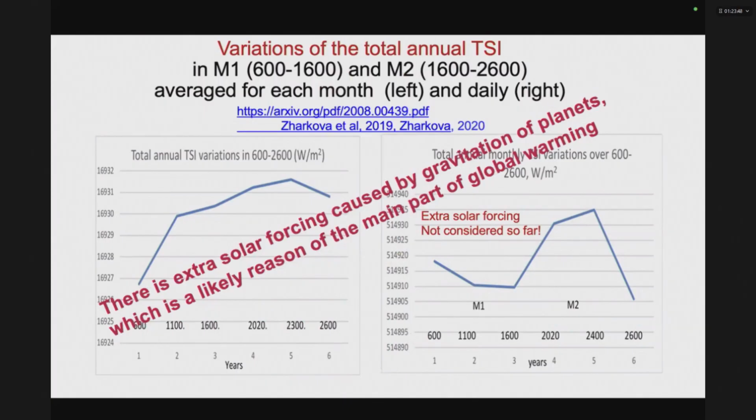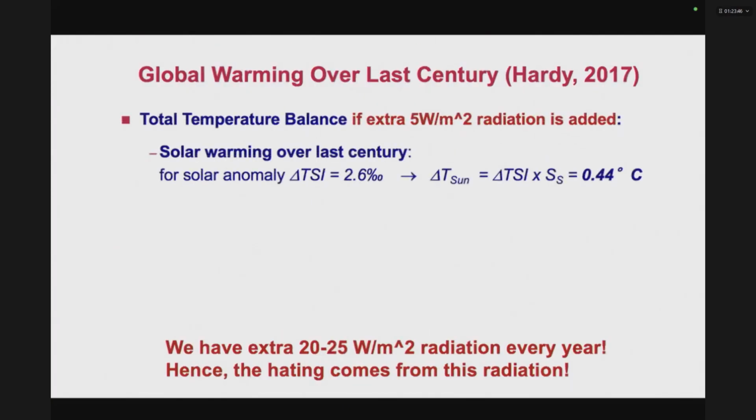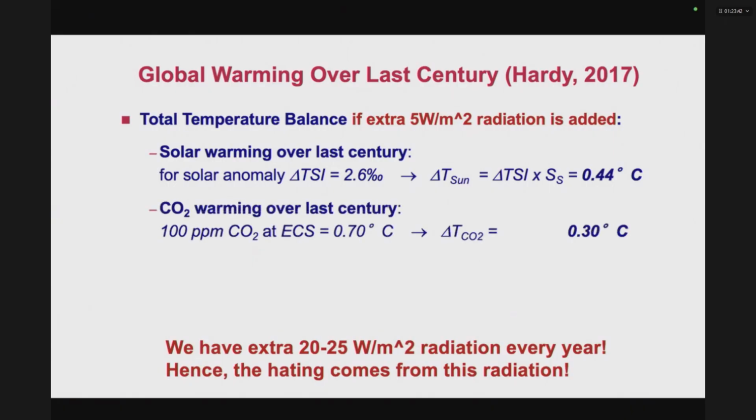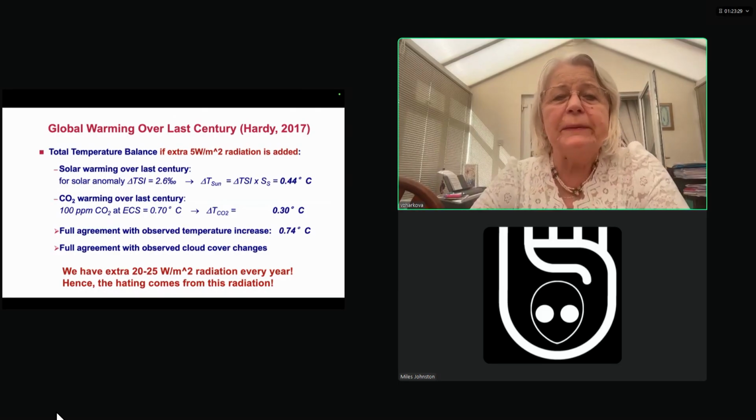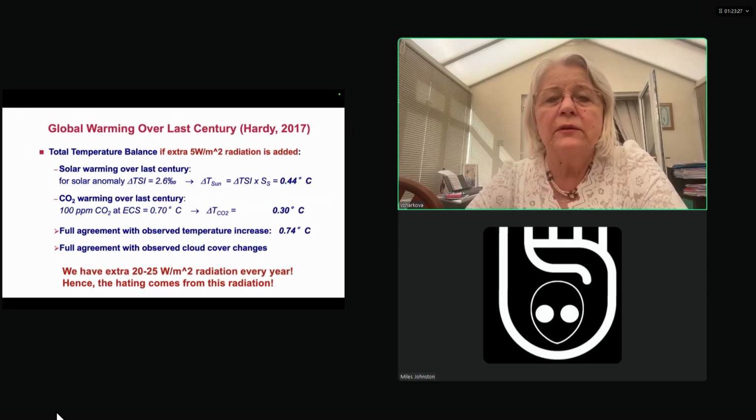And what is important to know is that independently, it happened before we discovered this gravitation and solar inertial motion. Hardy, in 2017, tried to see how an increase of solar irradiance of 5 watts per square meter would change the ratio between heating by the sun and by CO2.